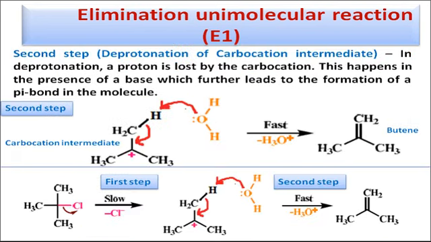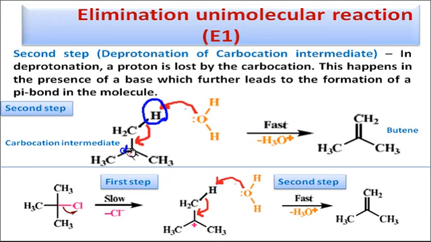Therefore, these are named as the E1 reaction. Now, what is the second step? The second step is the deprotonation of the carbocation intermediate. That means removal of the proton or the hydrogen from the carbocation intermediate in the presence of a base, the hydrogen from the beta carbon atom. What is the beta carbon atom here?